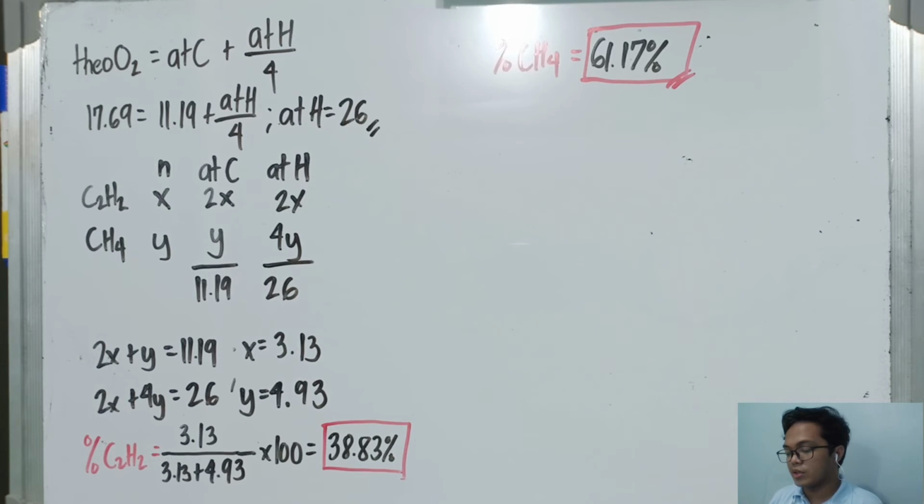Normally, if there are three components of the fuel, there is another unknown, could be most O2, or could be N, could be S, whatever the case. So don't worry about that if that's what you're wondering. I'm sure we're gonna have an example of that later on, or in other types of fuels. But right now, it's very easy if the fuel is just binary, or there are only two components.